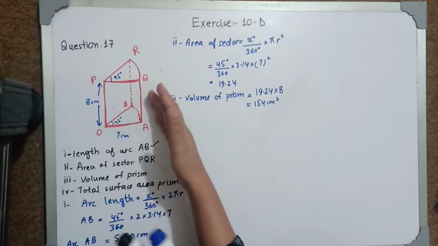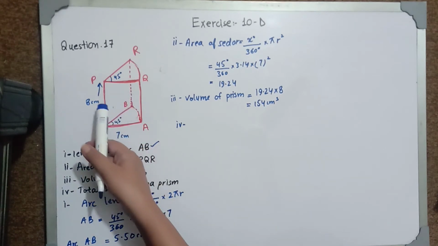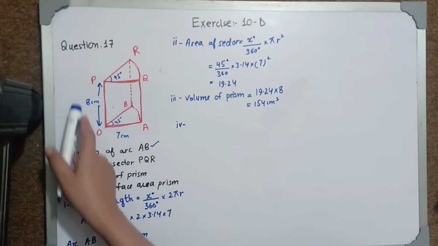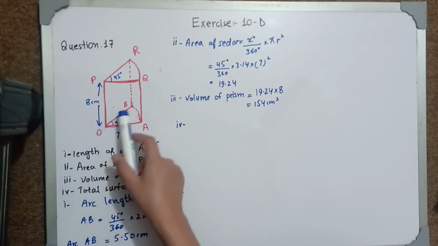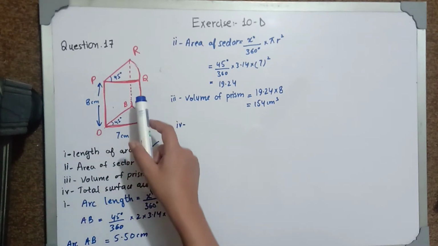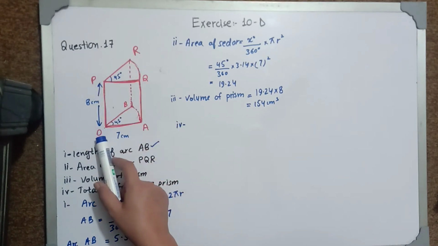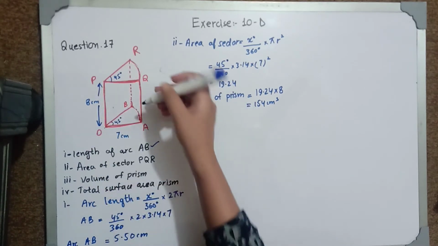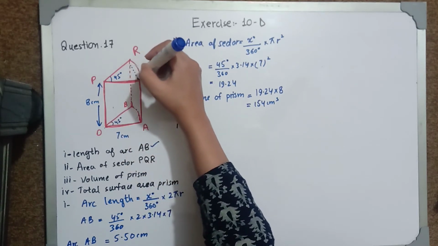Like if we look at this prism, in this prism we have many sides. We have two rectangles, the first one POAQ. We have another rectangle OBRP. Then we have two sectors, PQR, and the sector OBA. Then we have this side which is curved one, right? I'm gonna shade it a little bit.